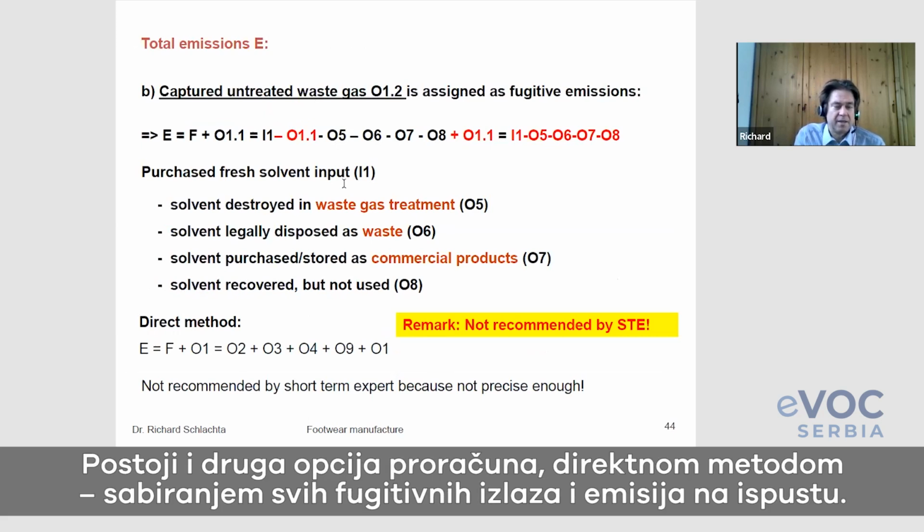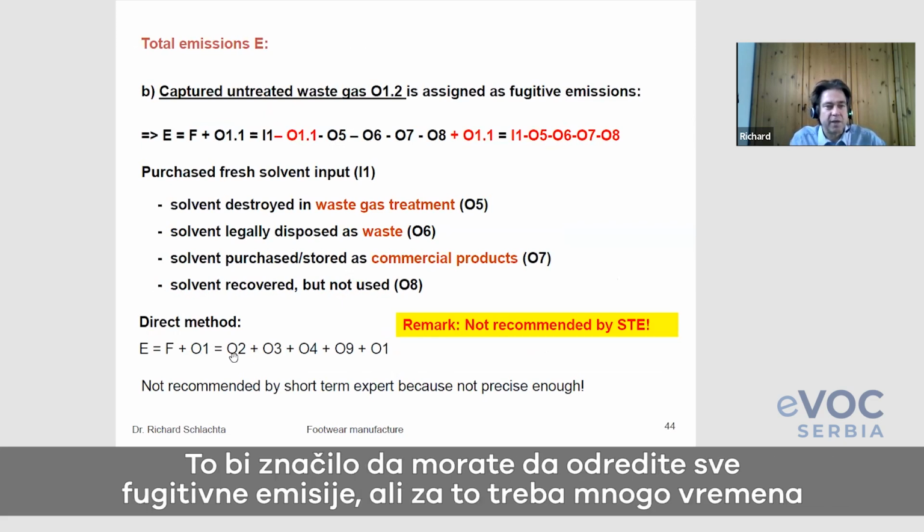So there could be another option for calculation. If you use the direct method, what does it mean? Direct method means you add all of the fugitive outputs and the stack emissions together. So that would mean you must determine all the fugitive emissions.